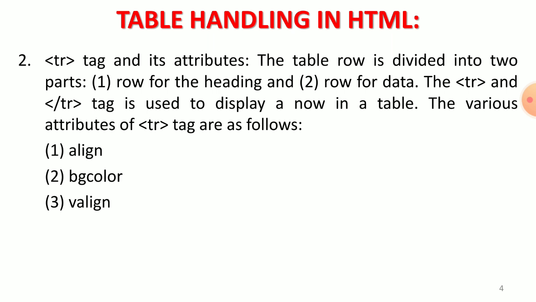The bottom value aligns content with the bottom of the cell. The baseline value aligns content in such a way that the first line of text in each cell starts on the same horizontal line. That is the valign attribute.